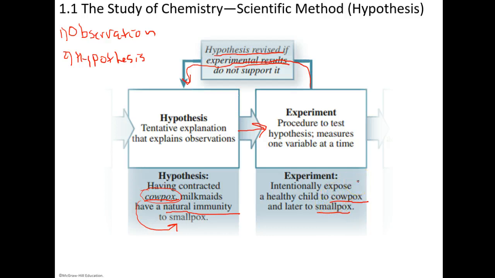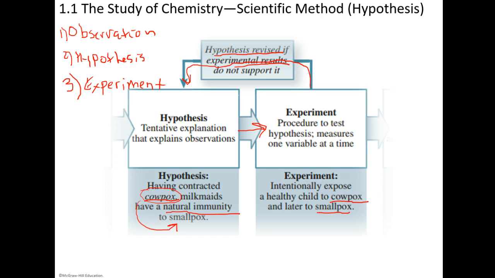They exposed healthy kids to cowpox and then later exposed them to people that had smallpox to see if they would get smallpox. That's the experiment. Obviously, if it failed, which luckily for those kids it did not, they would have to go back and redo their hypothesis. So the next part was experiment. I'm trying to make it interesting by joking around, but this seriously is what they did.